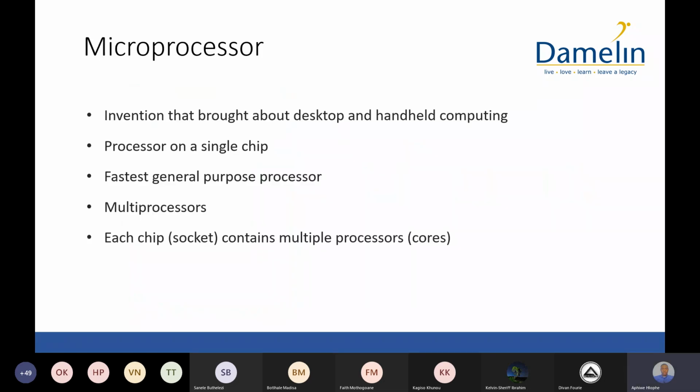So moving on to the next concept, which is the microprocessor. Processors have existed for as long as computers have existed. But thanks to microprocessors, our technology has become smaller and a bit faster. That's why now we have smartphones.